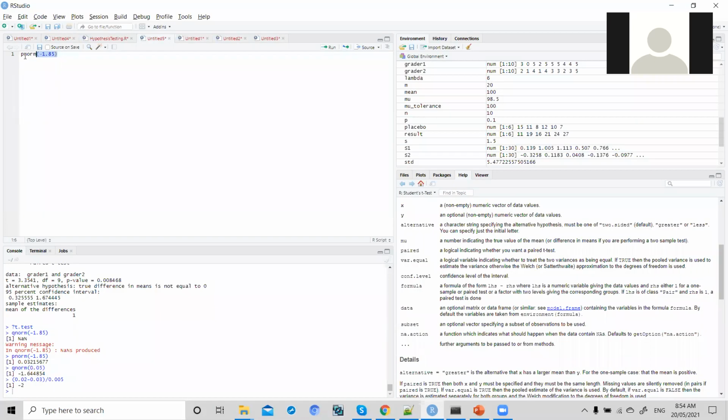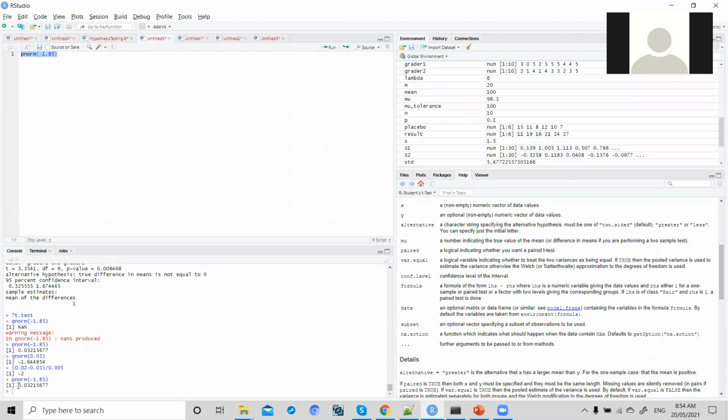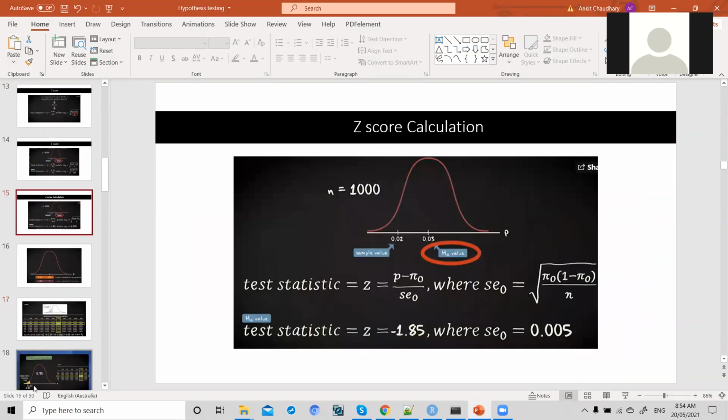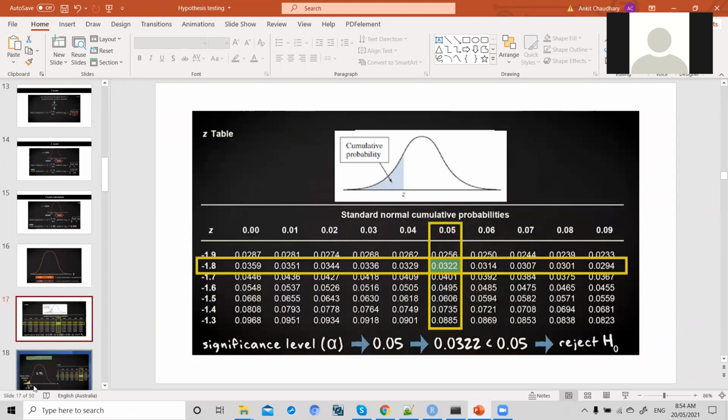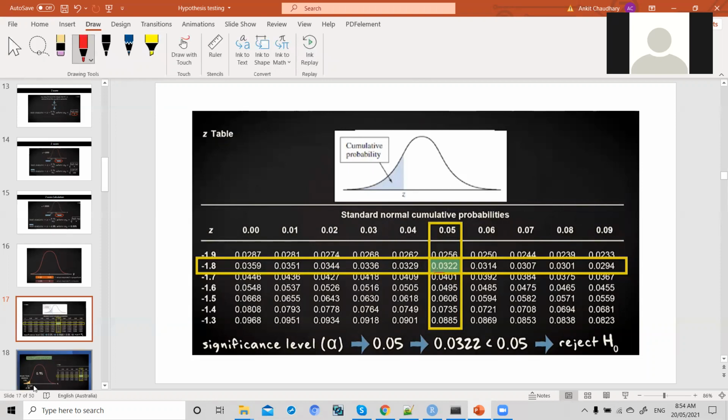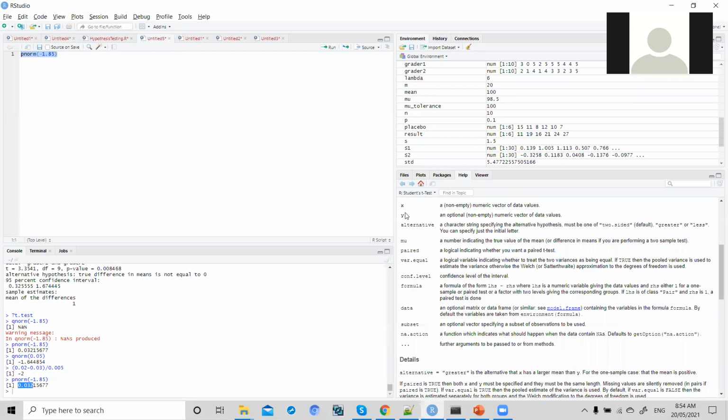If we run pnorm, it gives you the probability. That is 0.032, which is this value. You can even use a z table, which you can find on the internet. But in R, if you want to compute, you can use pnorm.